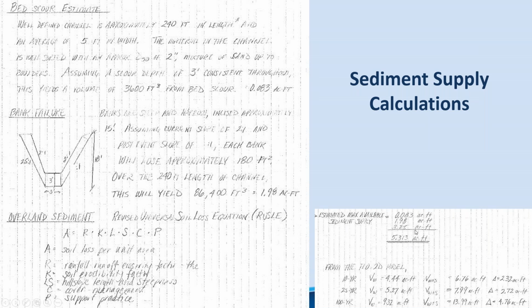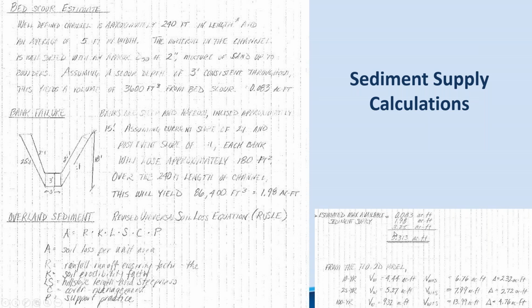So the total available sediment supply in this case is, say, somewhere on the order of 5 acre feet. Now, if you have some doubts about this, you could say, well, I'm limited in my ability to make this assessment because I didn't go all the way up the channel or something. So you could multiply this by 1.5 or 1.25 or even 2, depending on your level of uncertainty.